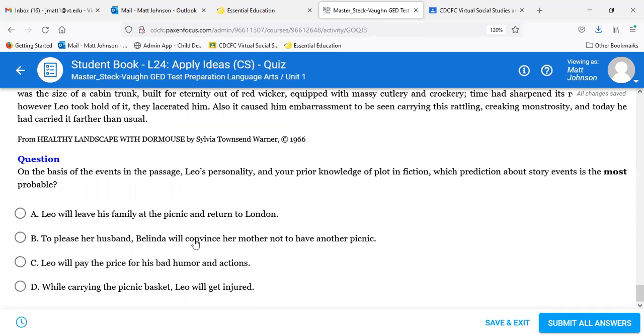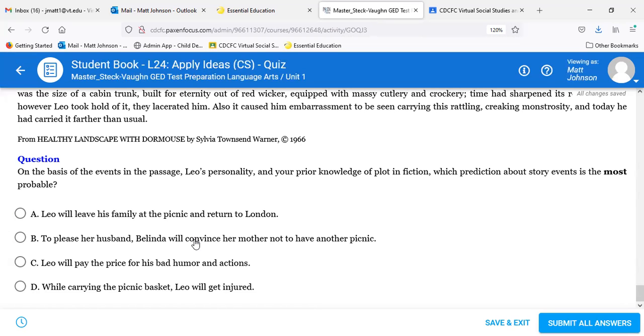Okay, number 6. On the basis of the event in the passage, Leo's personality and your prior knowledge of plots in fiction, which prediction about story events is most probable?